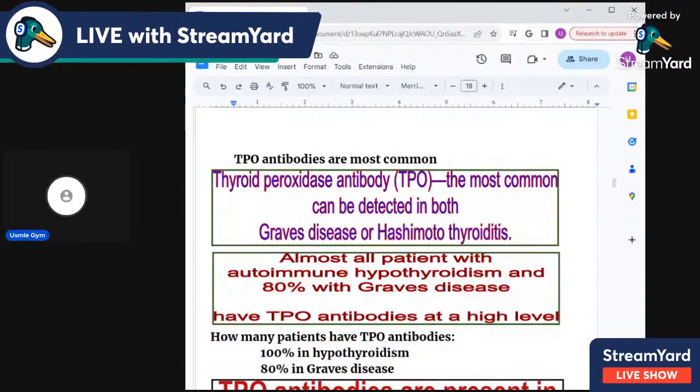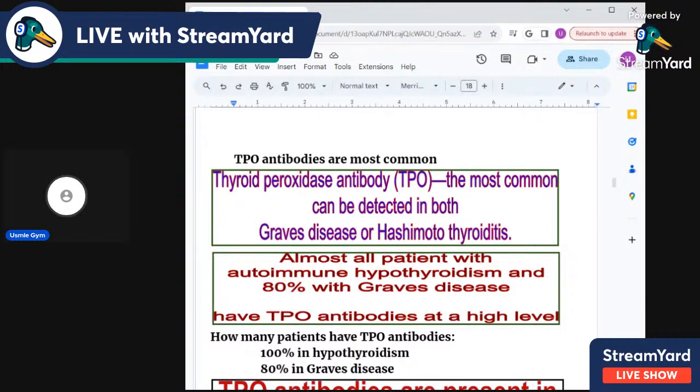So let's discuss the TPO, thyroid peroxidase antibodies. They are the most common. These thyroid peroxidase antibodies are present in both hyperthyroidism and hypothyroidism. In Hashimoto's thyroiditis, TPO antibodies are present, and also in Graves' disease.